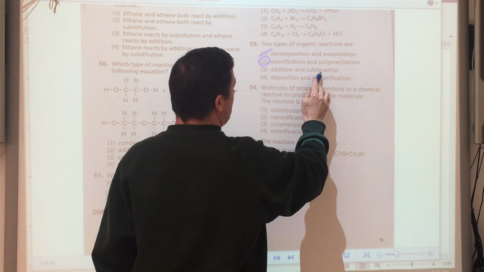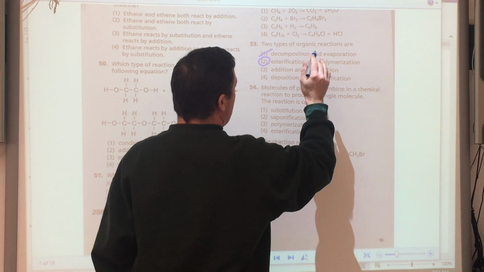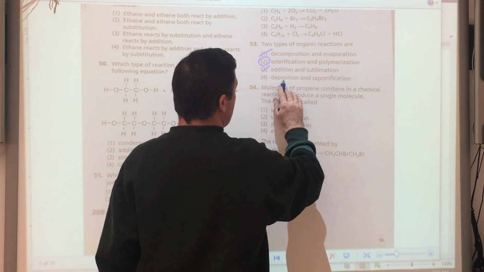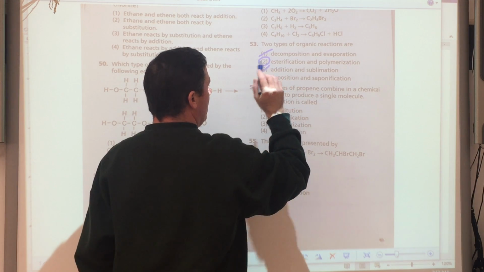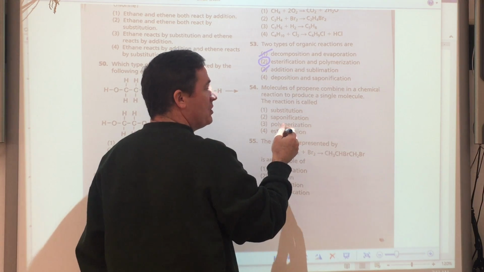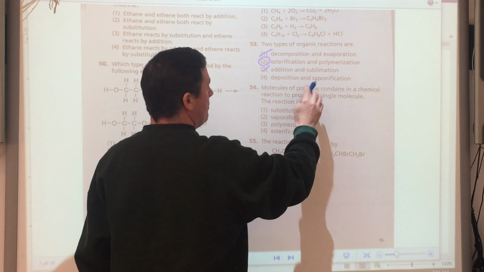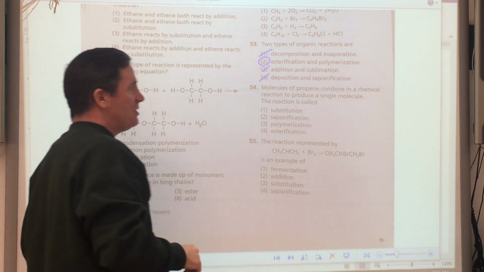Addition is one, but sublimation is a physical process going from solid to gas, so that one's out. And deposition is going the opposite way, going from a gas to the formation of a solid, like in the formation of frost. And saponification, we just learned about, that's the making of soap.